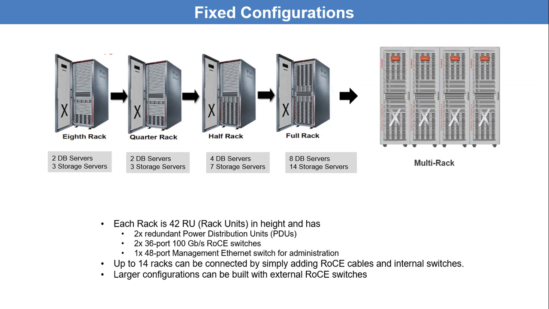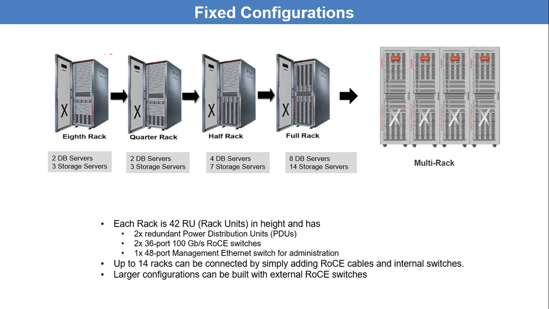So initial Exadata racks came in fixed configurations with a fixed number of database servers, a fixed number of storage servers inside the rack. They were balanced configurations. All right.